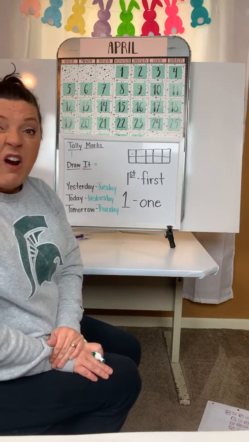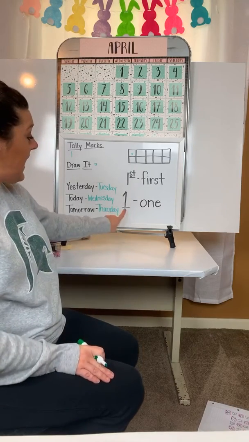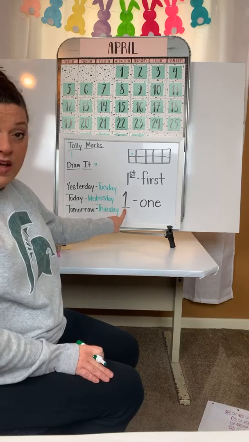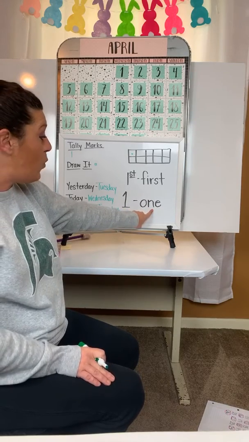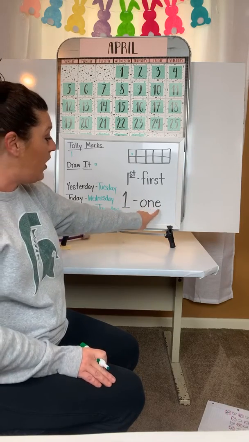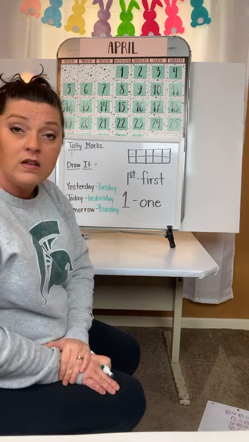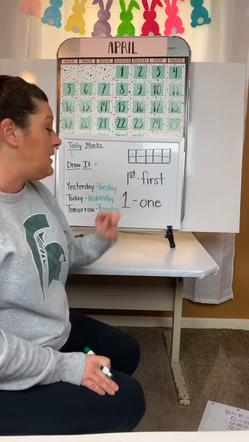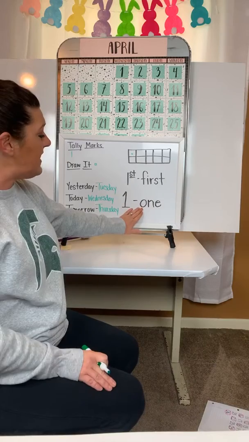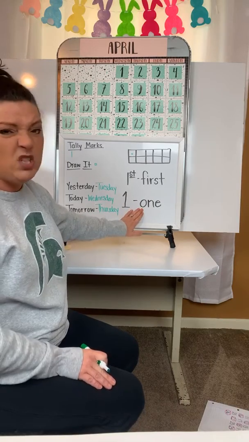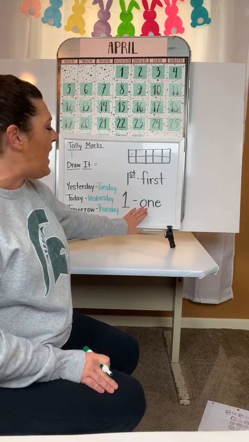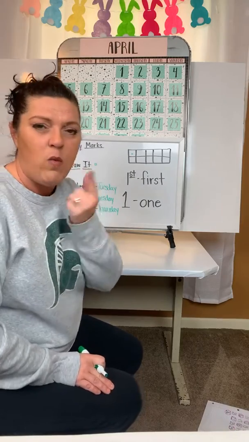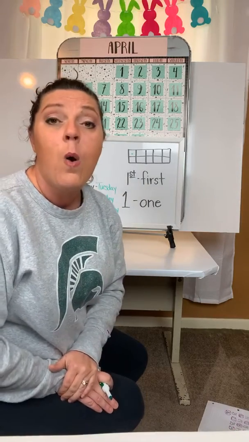All right, and we are also going to introduce today, this is the number 1, and this is the word. This is what the word 1 looks like. Now, it's a little bit tricky because this has an O right here, and O's usually say ah, but I just want you to listen to the sound. Watch my mouth when I say 1.